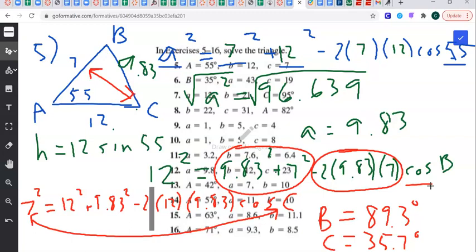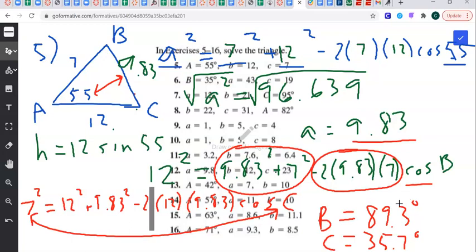It wouldn't matter. But you had to find side A first. That was an absolute must because you had the angle, but you didn't know the side. Does that make sense why we had to find side A first? Yeah, because we didn't have all the parts we needed yet.